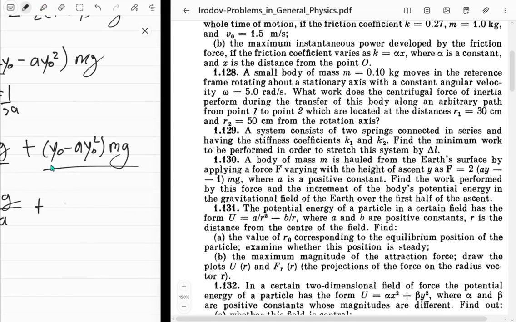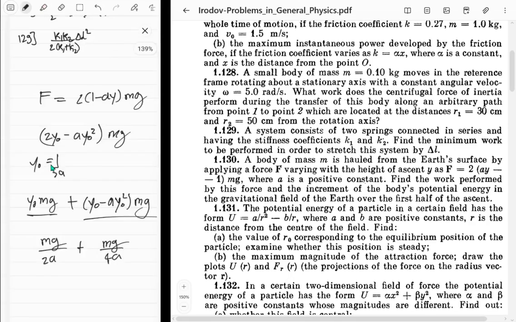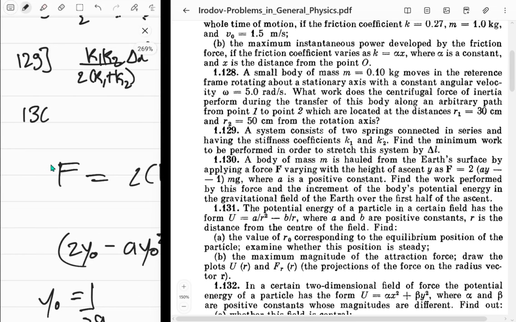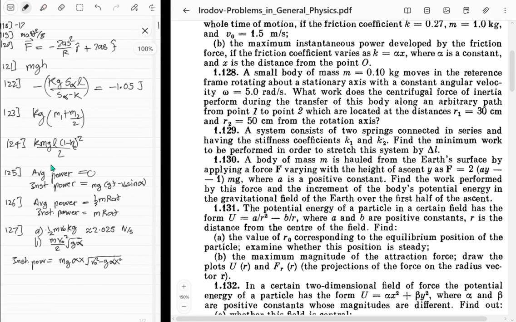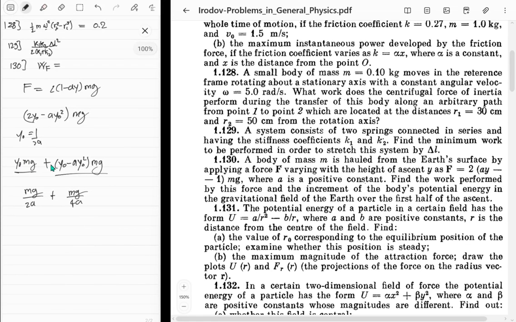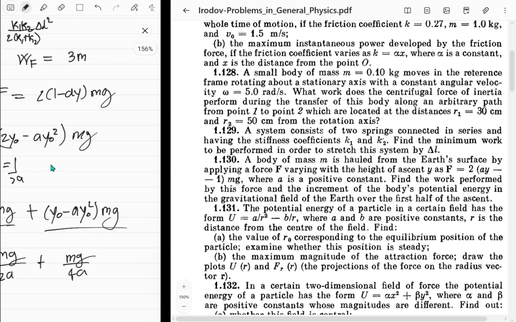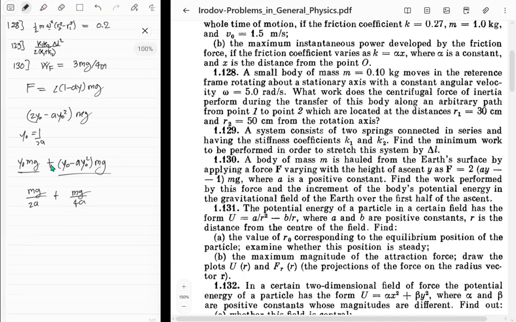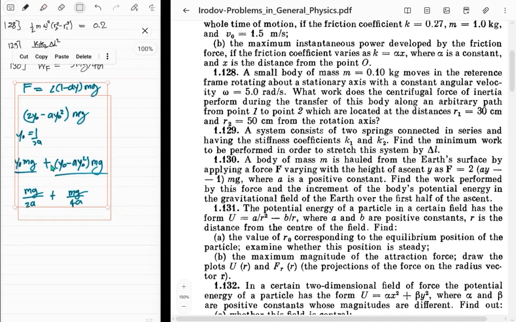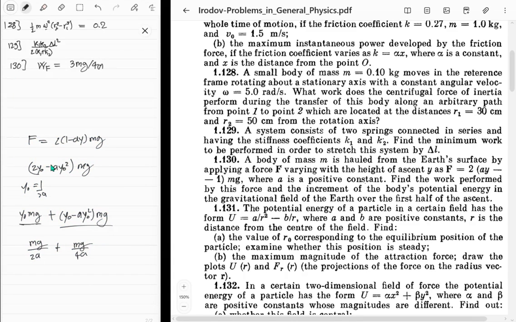So that's just going to be 1 upon 4a, so mg upon 4a. There we go. So finally, work done by force F is 3 mg upon 4a.